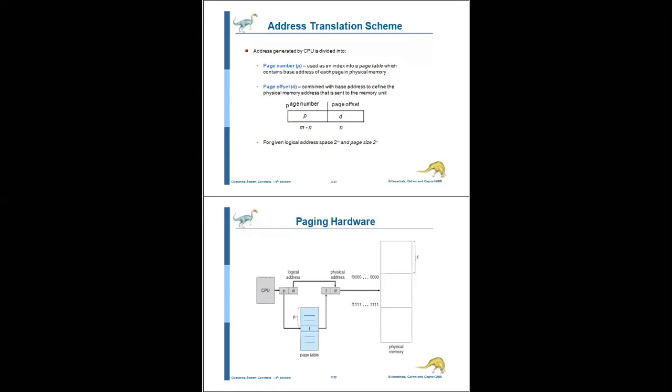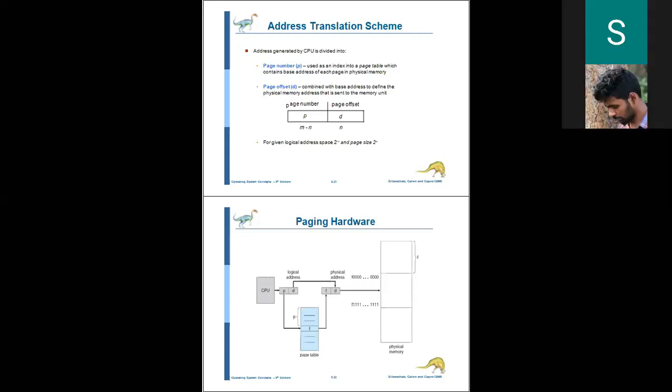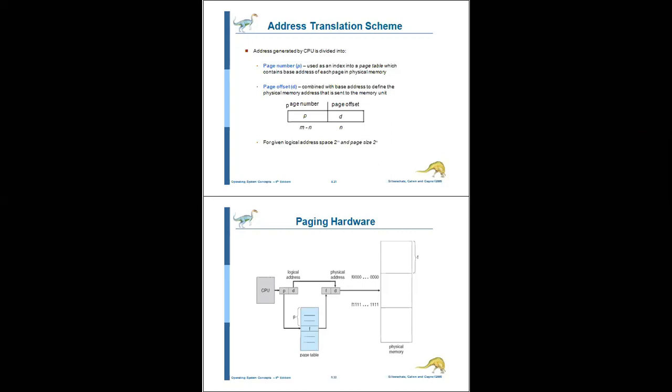So this is the address translation scheme. The address generated by the CPU is divided into page number and page offset. The page number is the higher order bits, that is m minus n bits of the logical address, and it designates the page number.